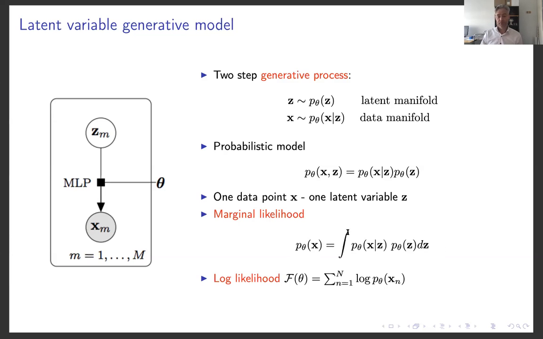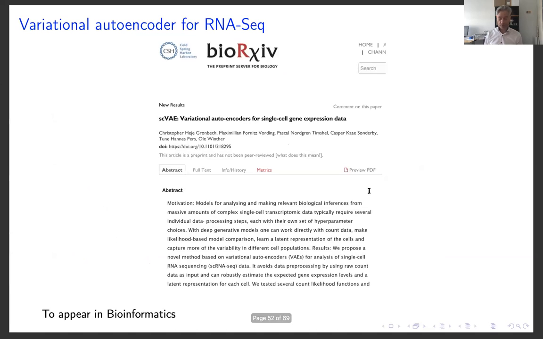So we have to pay some price in terms of approximation. And that I will talk about in the coming slides. But just to motivate a little bit, this is work I did with one of my other PhD students, Christopher Grønbæk, on using variational autoencoders for single cell RNA data.